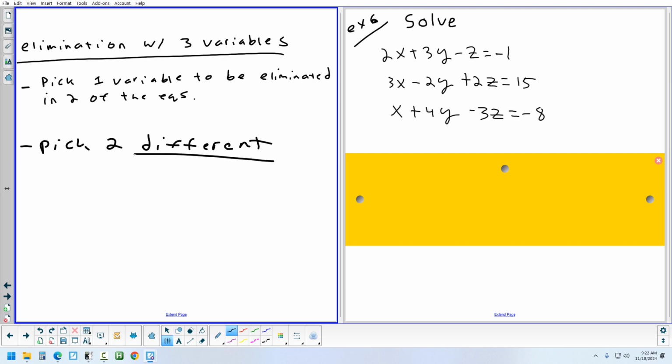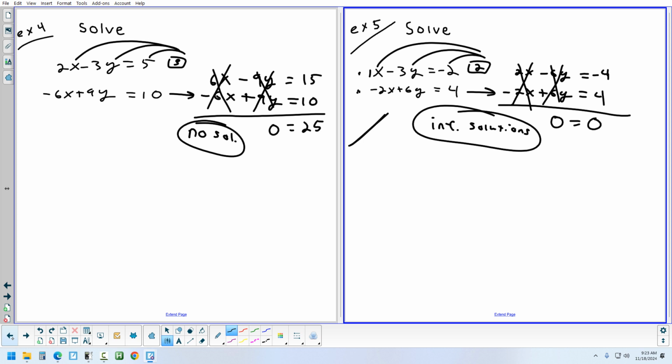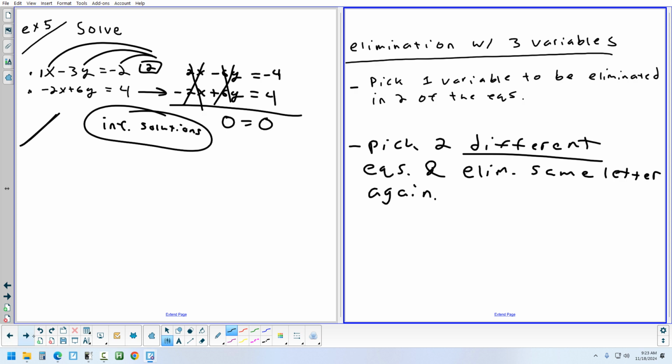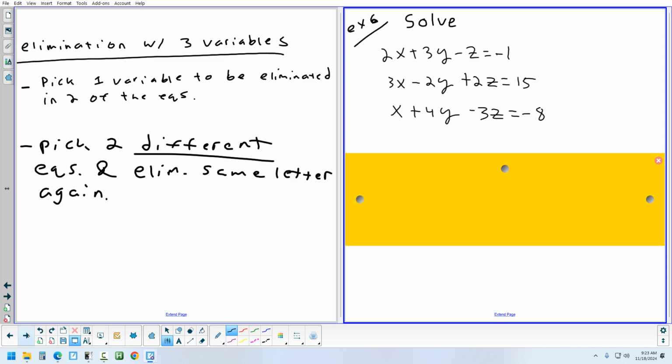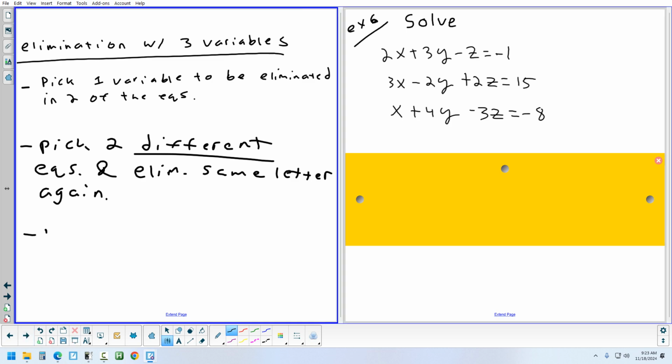Pick 2 different equations, and you have to eliminate the same letter again. At this point, you are now going to have two equations with two letters in it, and it's going to turn into a problem just like that. Then from there, we know how to solve it.